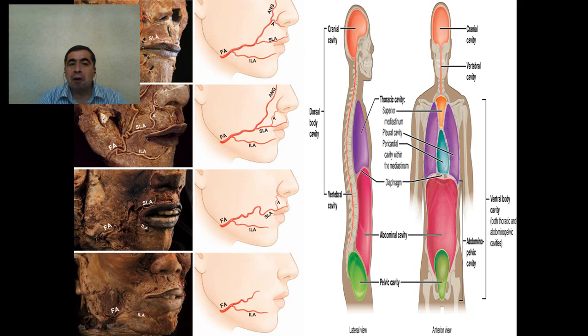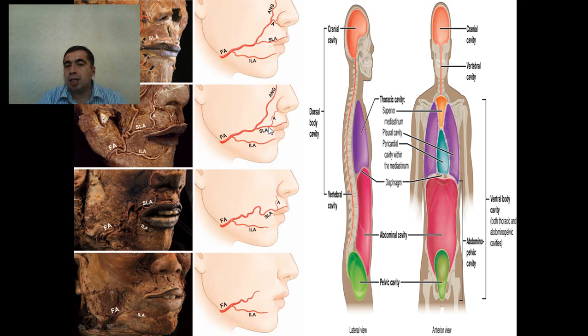For example, facial artery, like in this picture, gives the inferior labial artery, then it has the course to the nasal wing, but then it gives the superior labial artery.